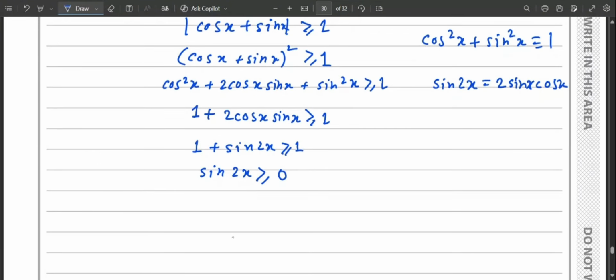So what this tells us is that for every value of x within the range, the value of sine 2x will be greater than or equal to 0. We know the range for x is greater than 90 and less than 180. If we adjust the range for 2x, we get 2x is greater than 180 but less than 360.